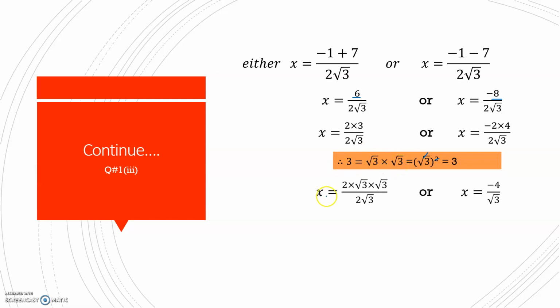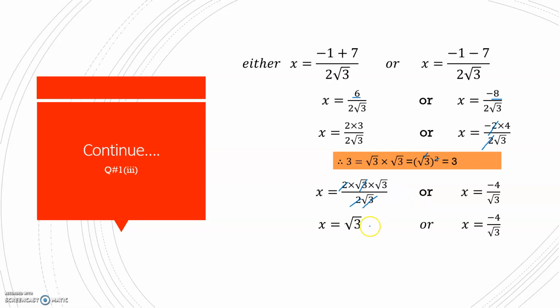So by putting values, we get x is equal to 2 multiplied by square root of 3 multiplied by square root of 3 over 2 into square root of 3. Here this 2 will be cancelled out with this 2, and this square root of 3 will be cancelled out with this square root of 3, or here this 2 is cancelled out with this 2, and we will get x is equal to minus 4 over square root of 3.